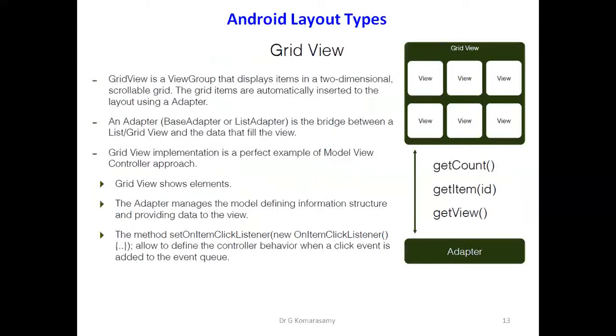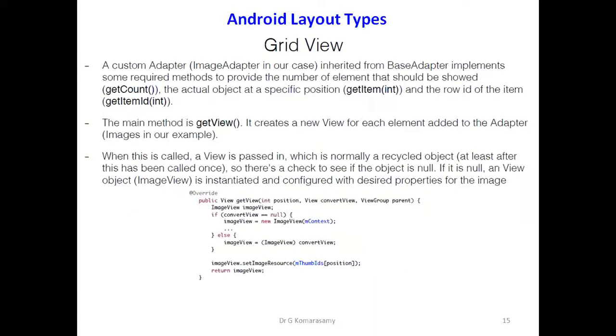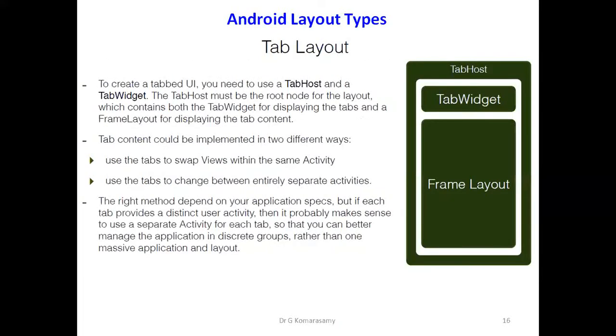Another important one, grid view. In a single page, if we want to view multiple items, we can categorize them into multiple cells. That is a grid view. This is the coding of how to change the grid view. And tab view, tab layout.